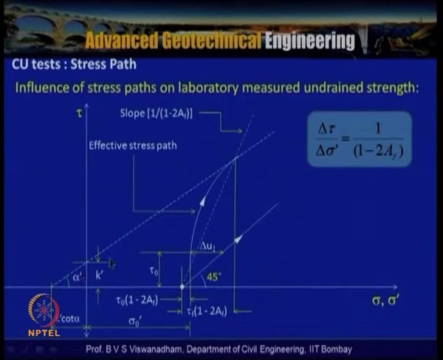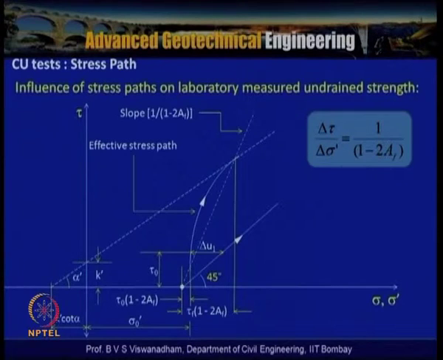So we can get delta tau by delta sigma dash as the slope of this line. The slope of this effective stress path is 1 by 1 minus 2 AF, where AF is Skempton's pore pressure parameter at failure.